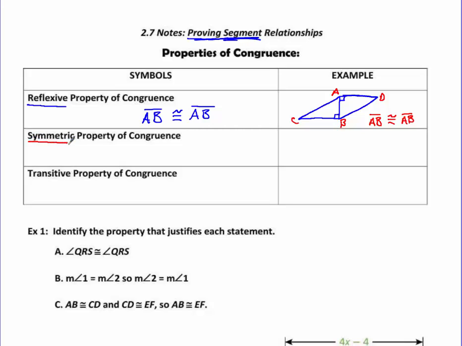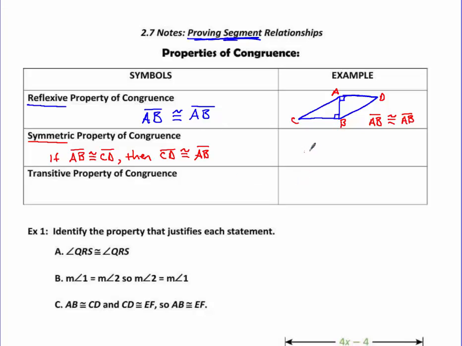The next one we're going to do is symmetric. And you remember the symmetric property of equality said that if A equals B, then B equals A. So this is going to be very similar. We're going to say if segment AB is congruent to segment CD, then segment CD is congruent to segment AB.